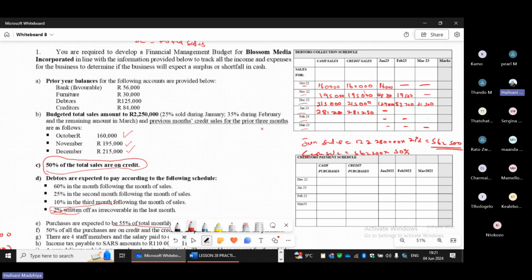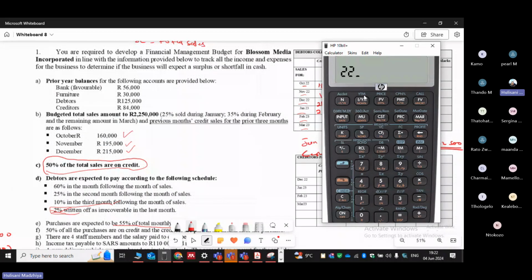All right, since you got the same, you will complete here and calculate 60%. Then here you calculate 25% of the amount, and here 60% of the amount. For budgeted total sales for February, you say 2,250,000 multiplied by 35%.